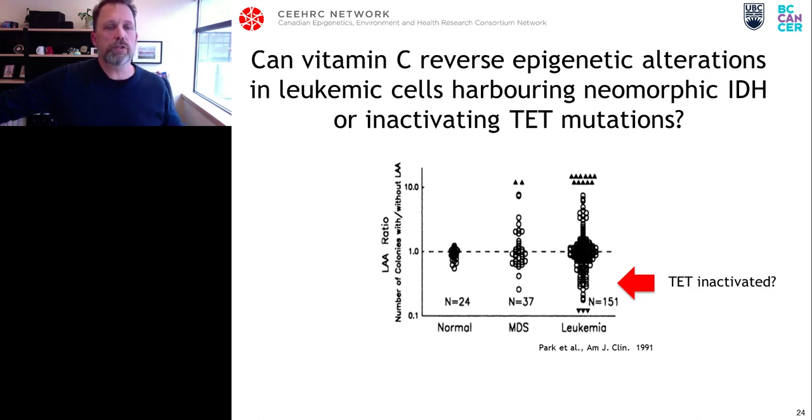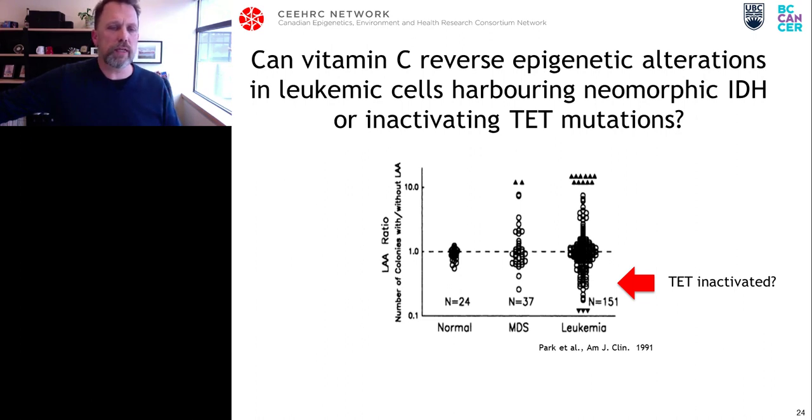Looking back in the literature, we can see that in the late 80s or early 90s, a study looked at the consequence of adding ascorbic acid to cultures, either looking at normal hemopoietic cell types or myelodysplastic cells. These are a sort of pre-leukemic state or can lead to frank transformation. And then looking at leukemic blasts and asking what is the consequence of adding ascorbic acid to the media.